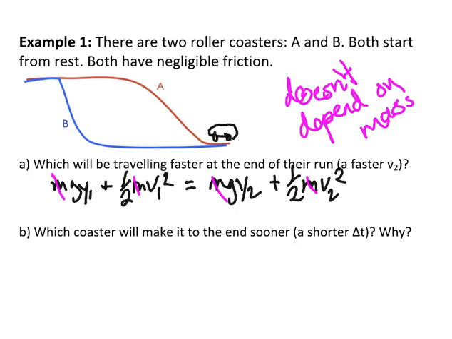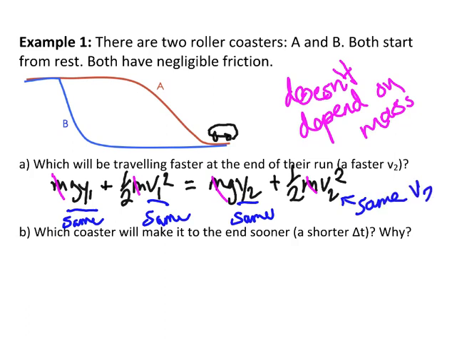But it does matter what height you start at. So what's y1? Both of these paths have the same y1. It matters what their initial velocity is, and both of them start at rest. So that's the same v1. It matters what your final height is, which is y2, and it's the same for both path A and path B, which tells us that they must be traveling the same speed.